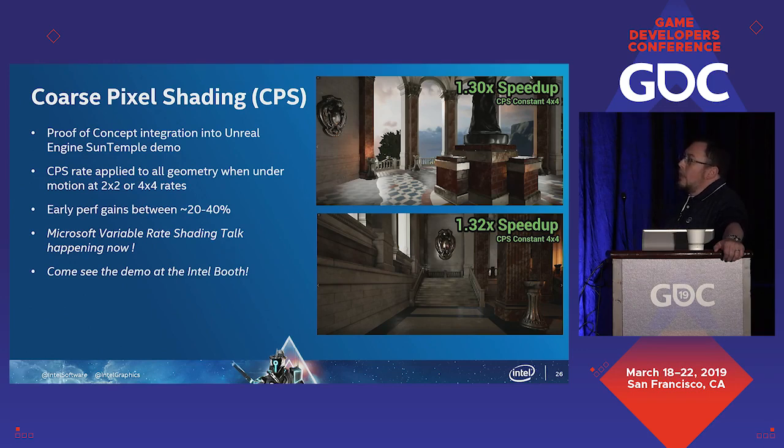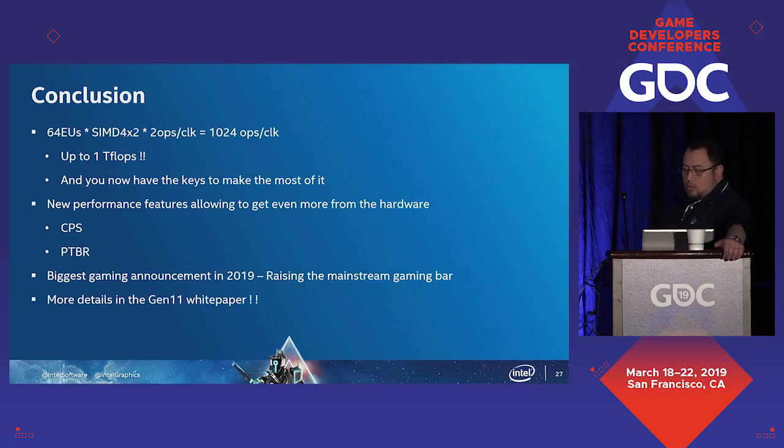Okay, so then we'll just wrap it up here. We've got this new Gen11 architecture, which Anton went into great detail with, which is great. I think this is the first time Intel has gone into this much depth on our architecture, and I think you'll see more of that in the future.